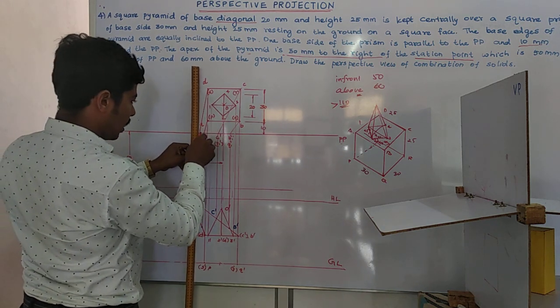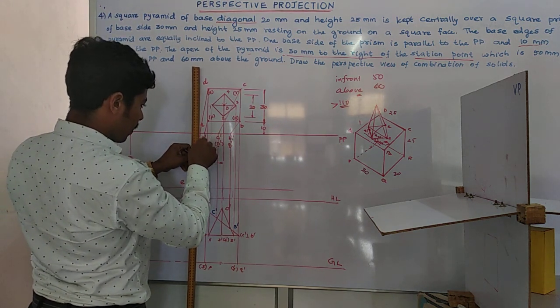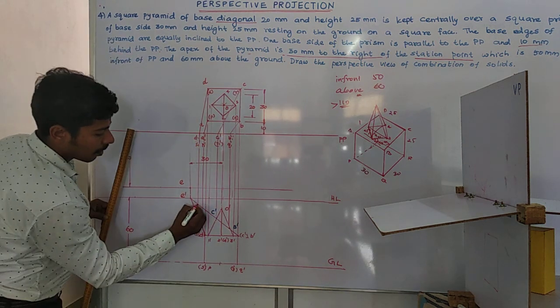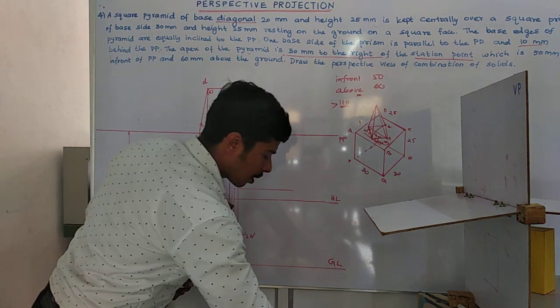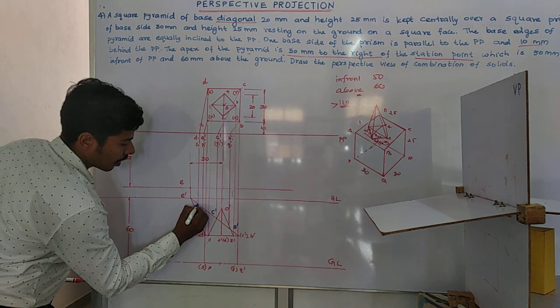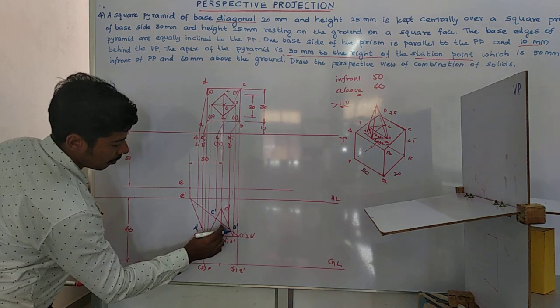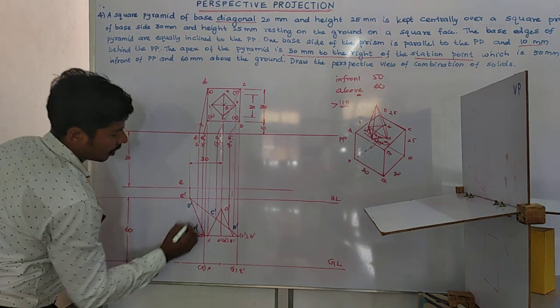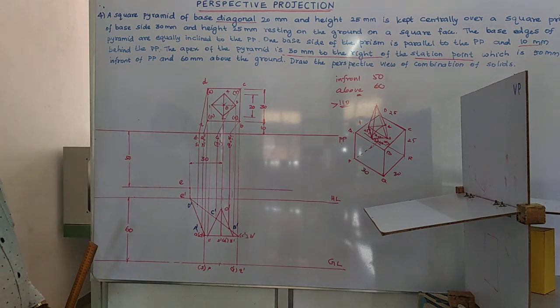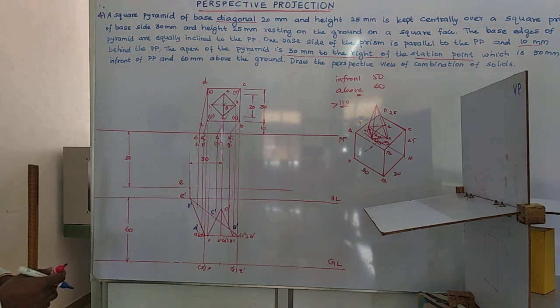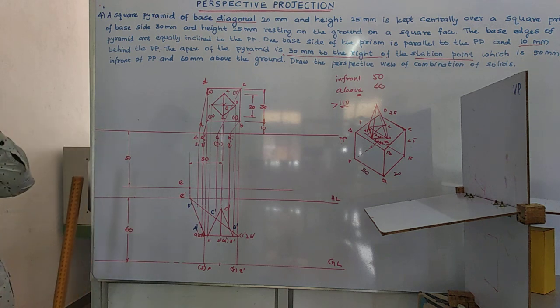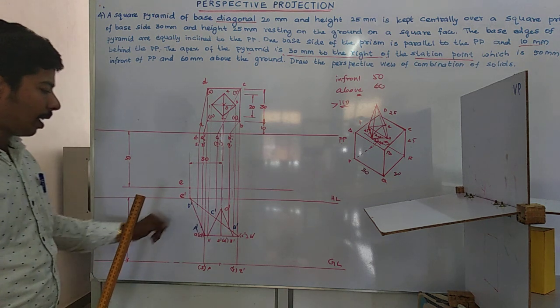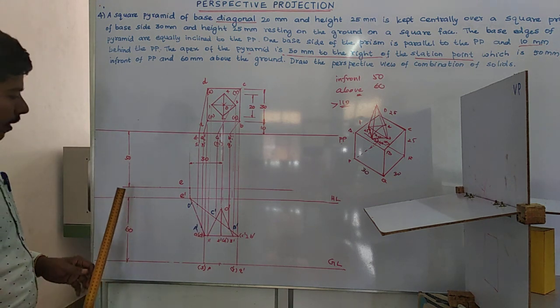So from D, this point is our A, B, C, D. We got the top corner points.